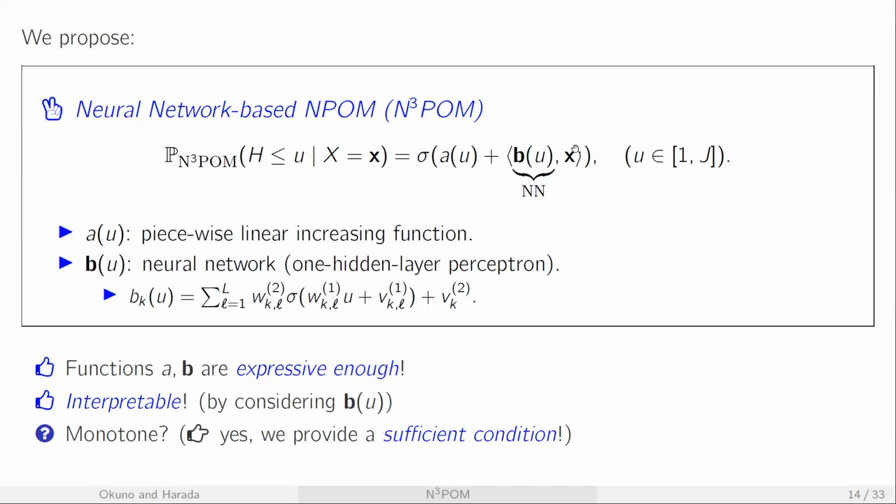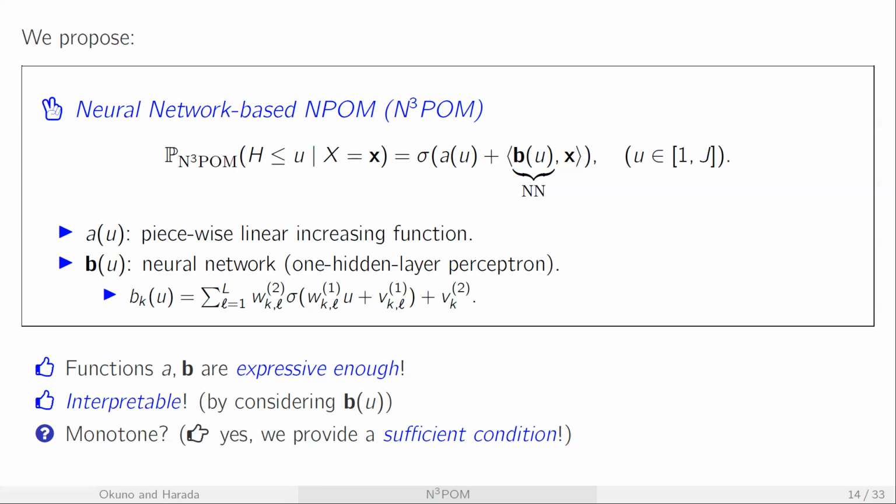In this model, the function A is defined as a piecewise linear and increasing function, and B(u) is defined as a neural network. Here I used a one-hidden-layer perceptron as the function B. Then the functions A and B are expressive enough. The piecewise function can approximate arbitrary continuous functions, and the neural network can approximate arbitrary continuous functions as well.